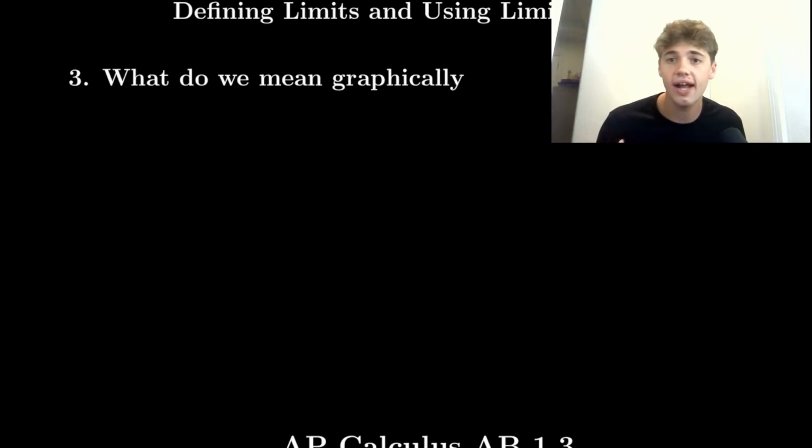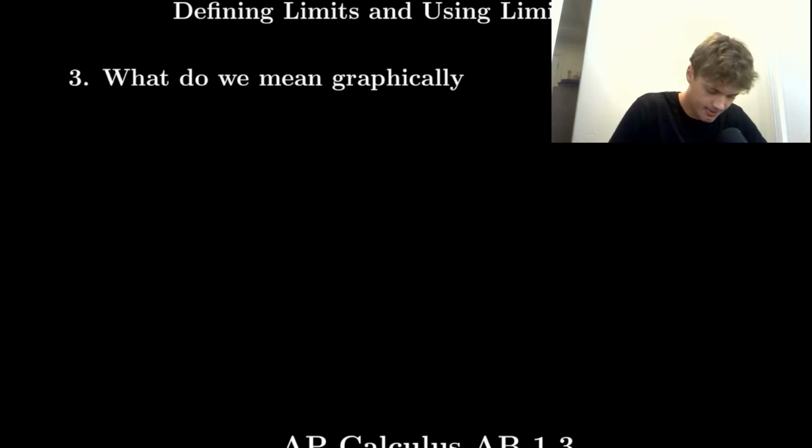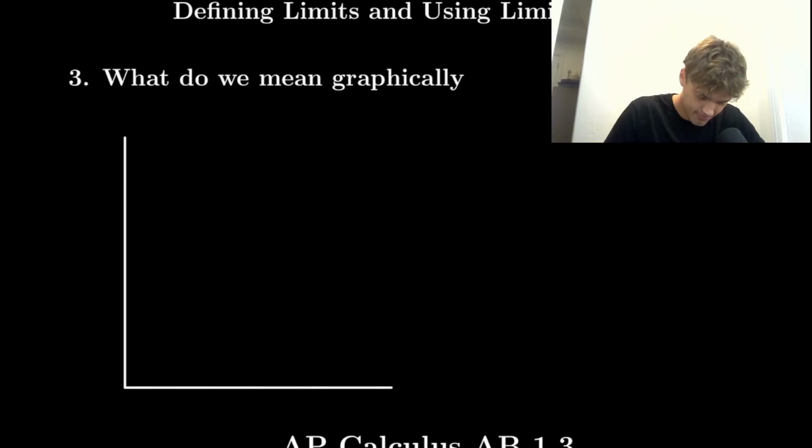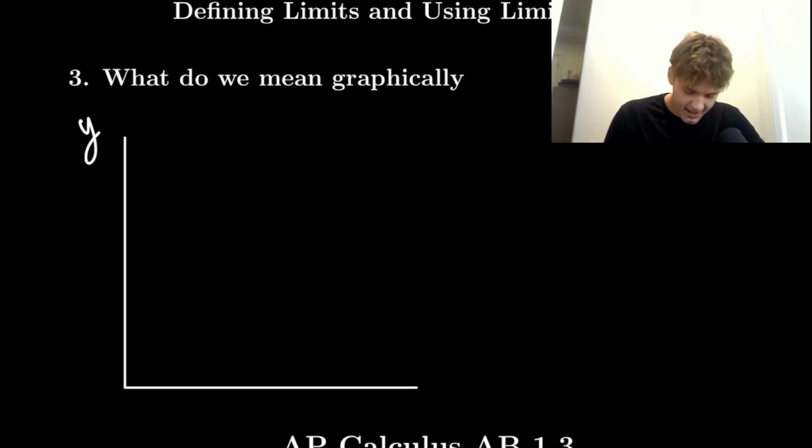So let's go ahead and try and graph this so we can try and see what's happening visually. If I make a coordinate plane, all right, so our y-axis will be labeled here, and that's the vertical line. And the x-axis is the horizontal line. And let's just say that our point A is right here.